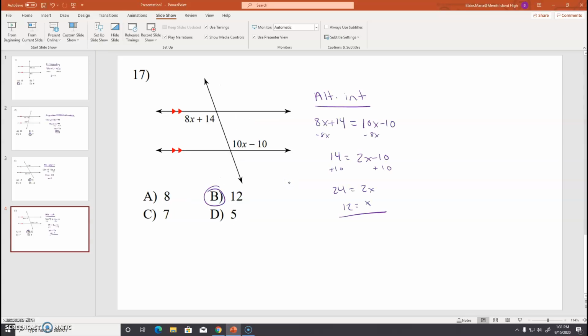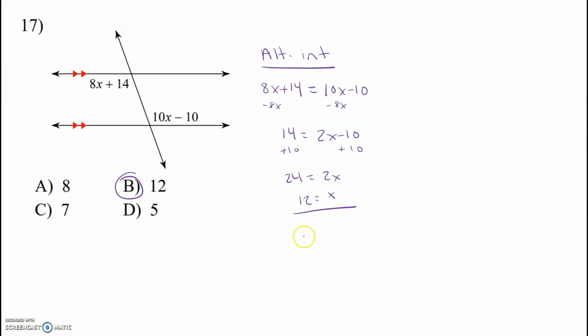So just a couple pointers. We did alternate interior are equal. Okay, so a little side note here.